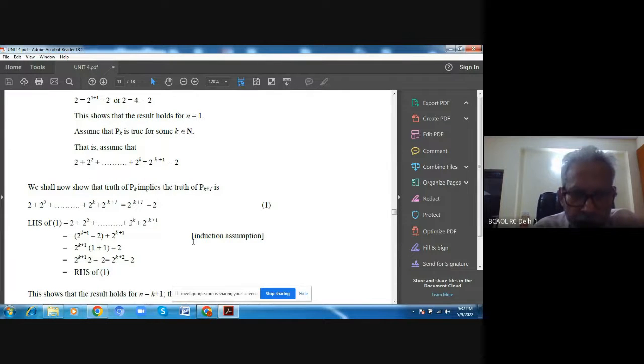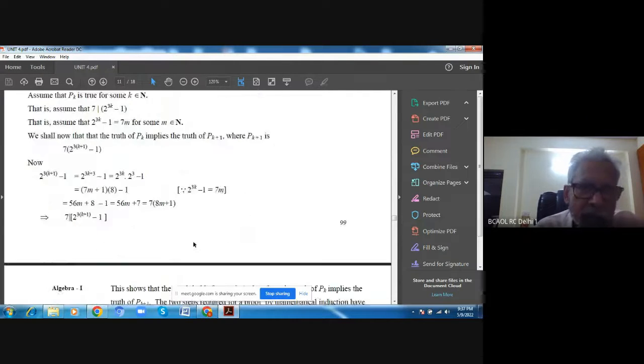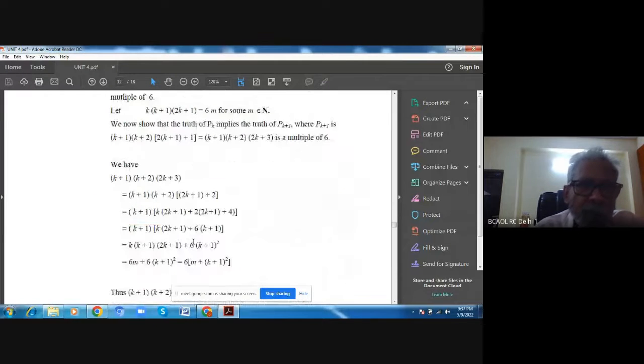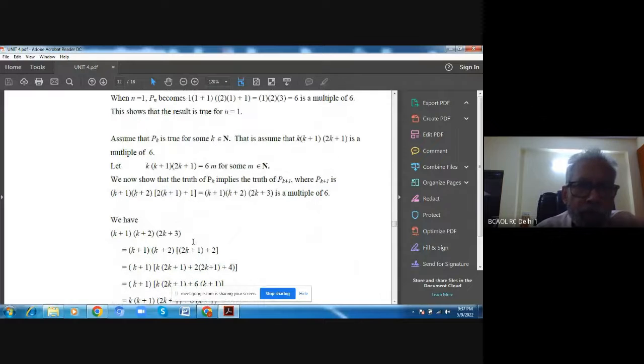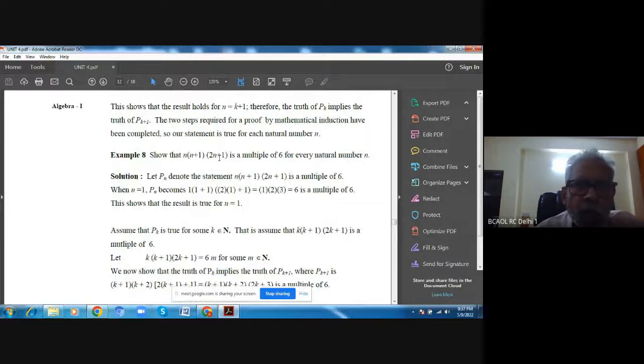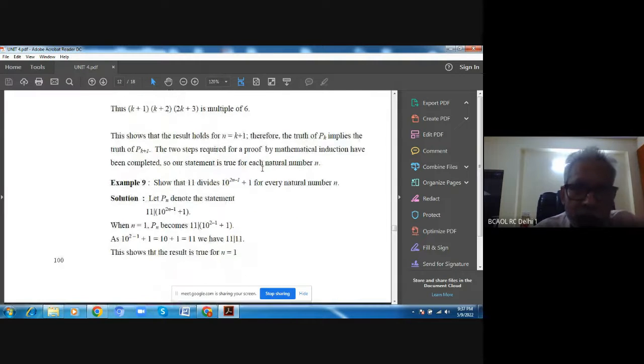Whatever is in your syllabus and study material is given. Only the figures may change, simply they can change it. For example, this is your example, n plus 1, 2n plus 1. In this case, 2n plus 2, only they can change it. Multiply 6, or multiply 5. This type of small changes they can do. The process will be the same.